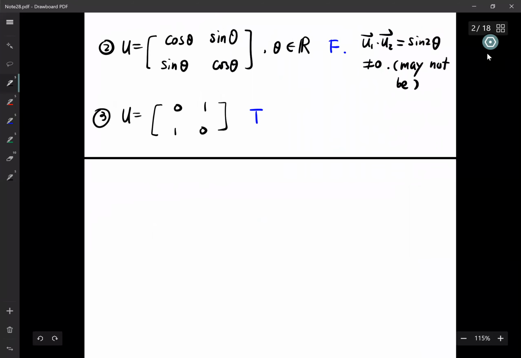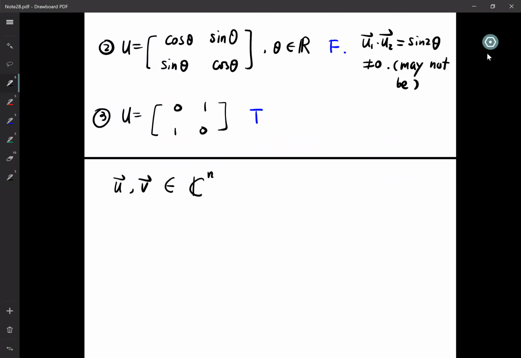Okay, so last time we talked about the more general definition of the inner product. Let's say I have two vectors u, v, now they're not real vectors, but complex vectors. How do I define the inner product?